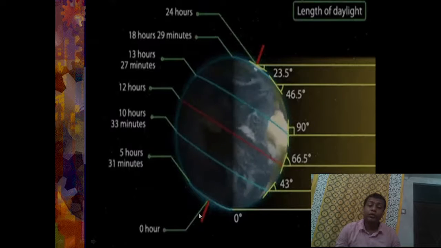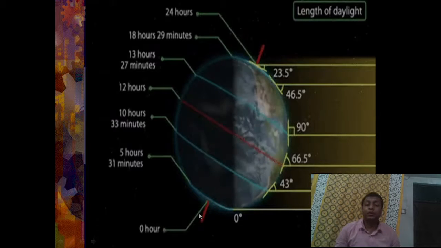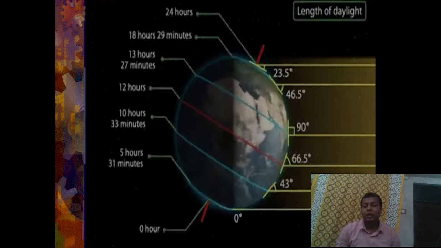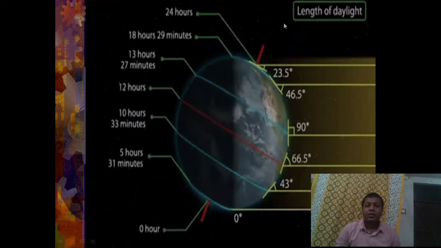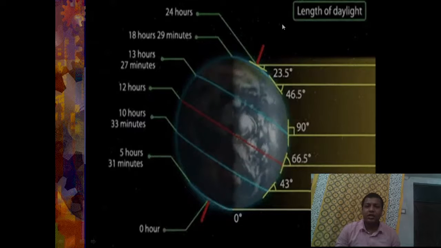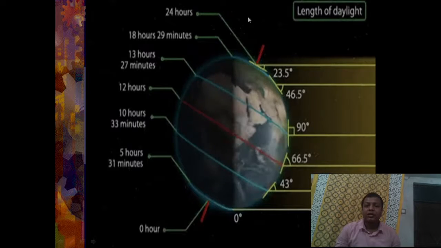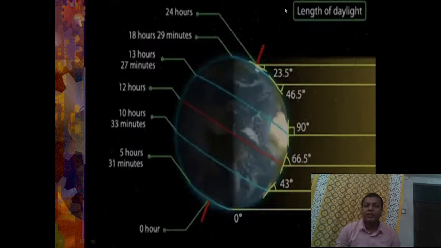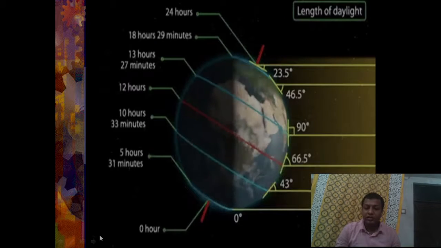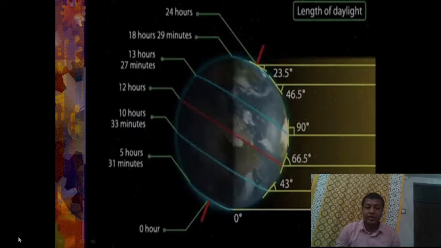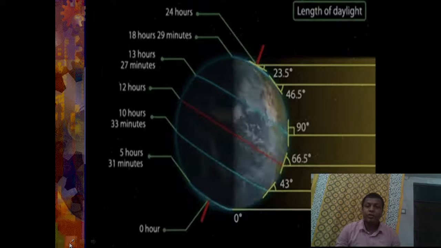As you have understood in the last classes, on the pole we have 6 months of day and 6 months of night. So this is all about it. Dear students, let's come to the point.